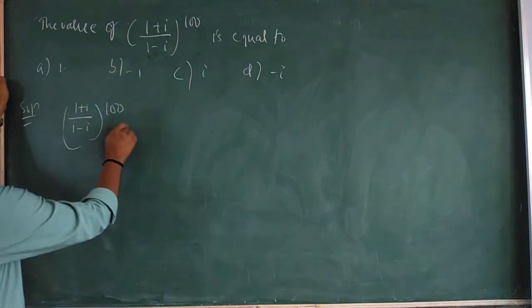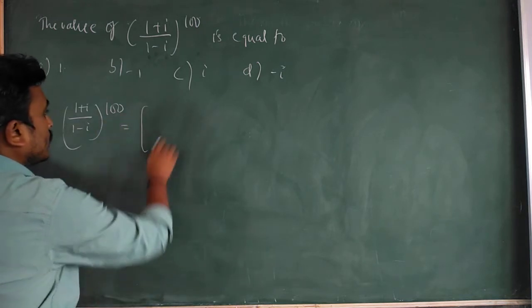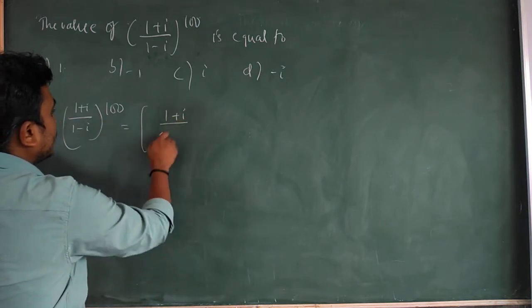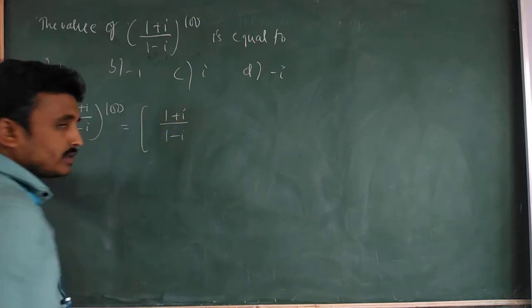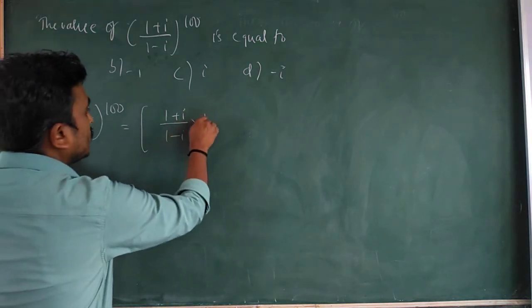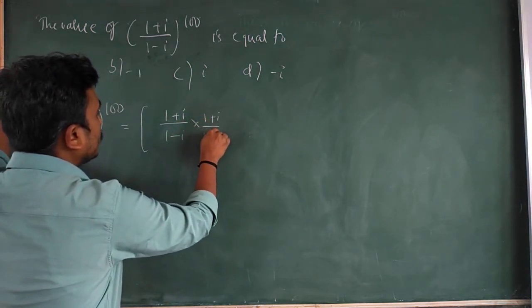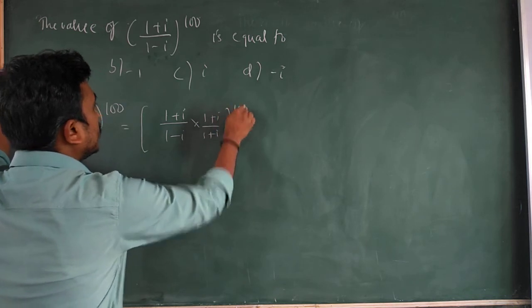Inside the bracket we have to solve by rationalizing the denominator. That is (1 plus i) divided by (1 plus i) to the power 100.